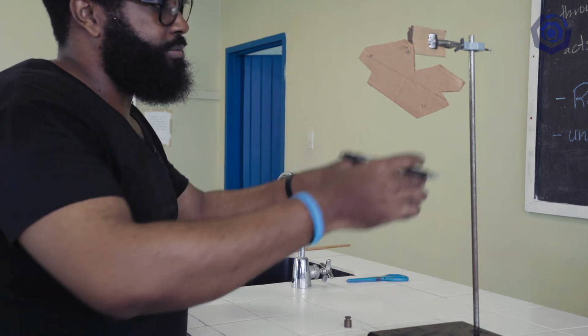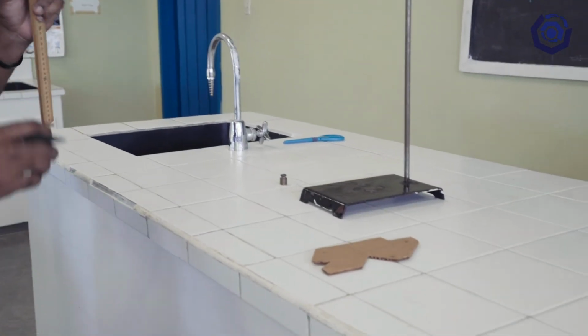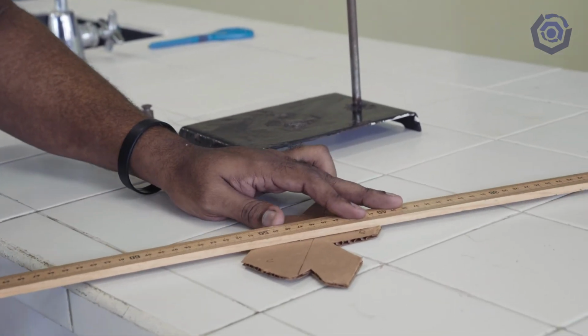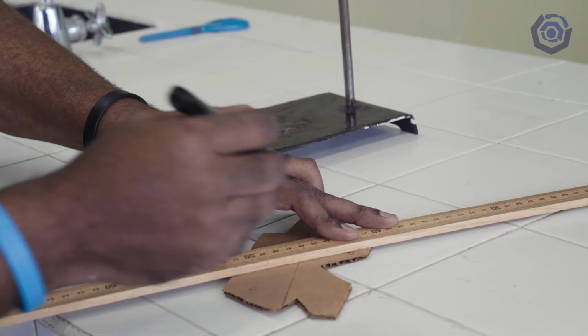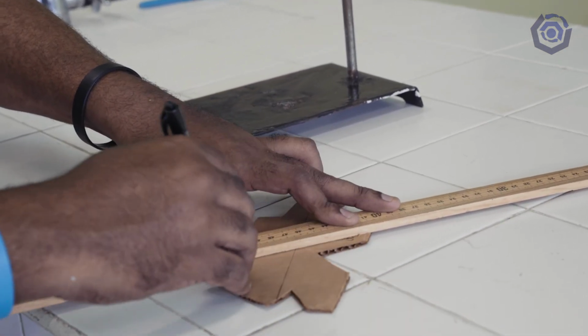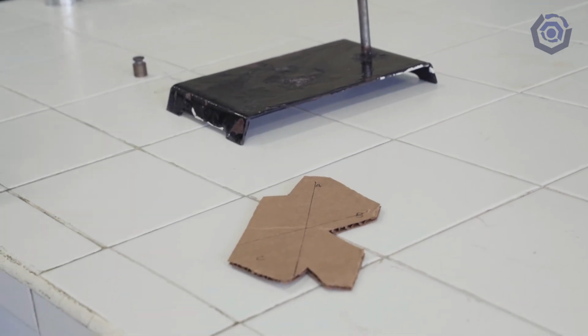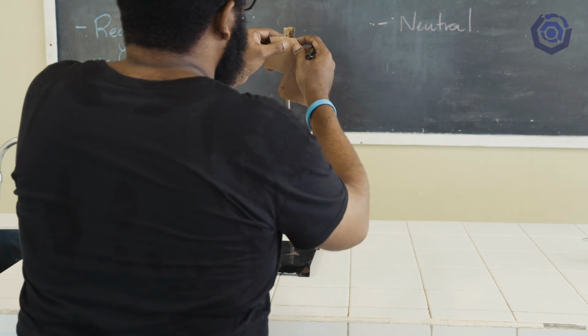Remove plumb line, remove lamina, break out our trusty meter rule, ensure that it is where it should be. We draw our second line and we repeat for our third point. We suspend it from our third point.